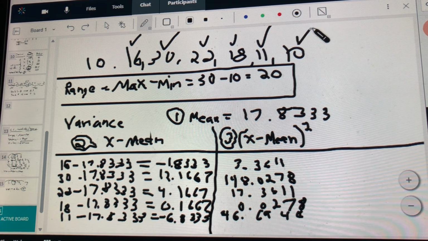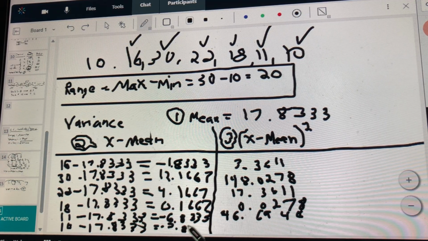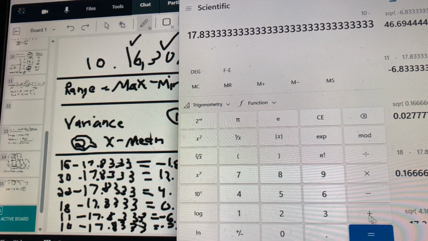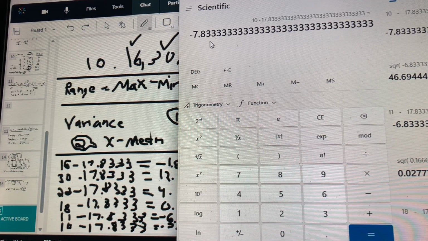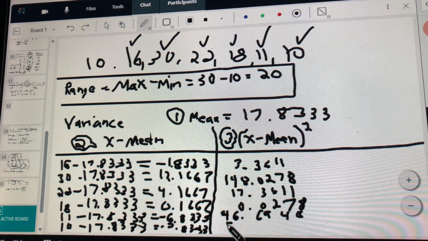And finally 10. 10 minus 17.8333, which should be negative 7.833. It's the same as the previous answer, except one farther away. But you can do it in here. 10 minus memory recall. See, negative 7.8333. Square it. 61.3611.